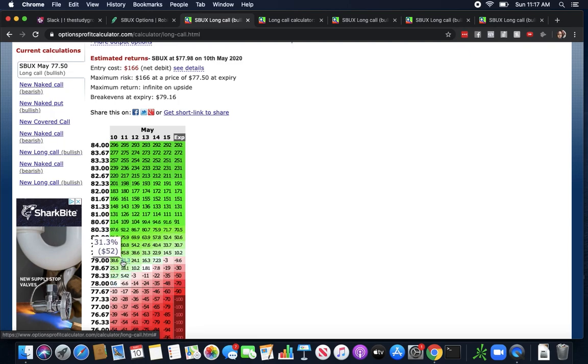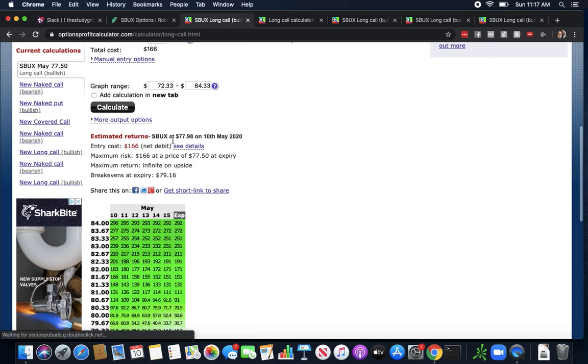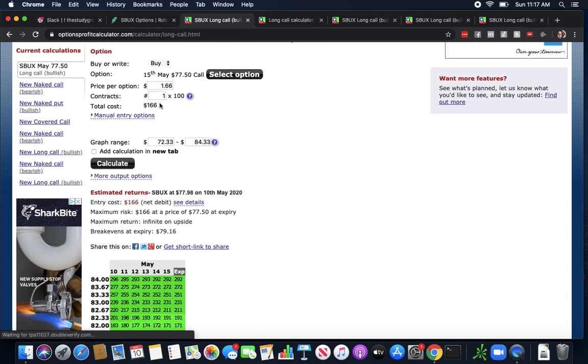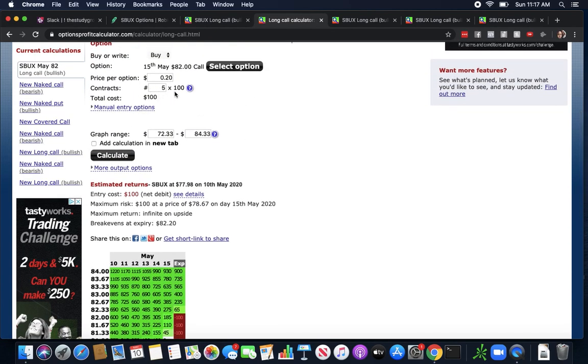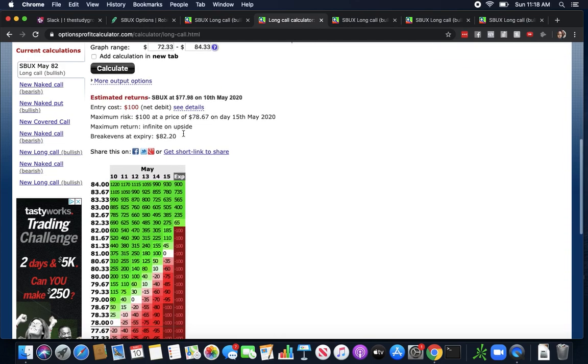So let's compare. Just to remind you where we're at, I paid $166 for this in the money call, and it's just one contract. Whereas with this one, I paid $100, but I bought 5 contracts. So if you notice the profit difference, this is why a lot of people get lucky with this.